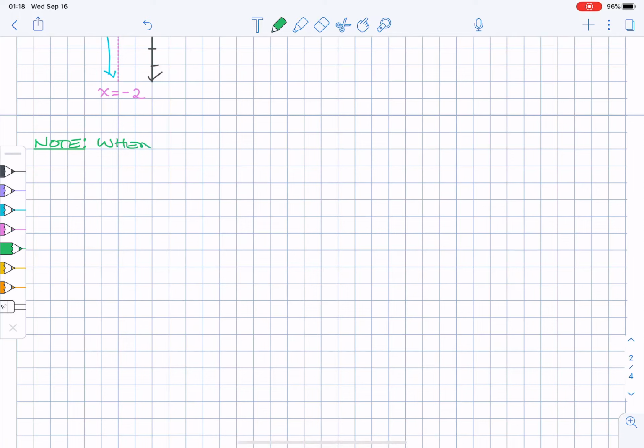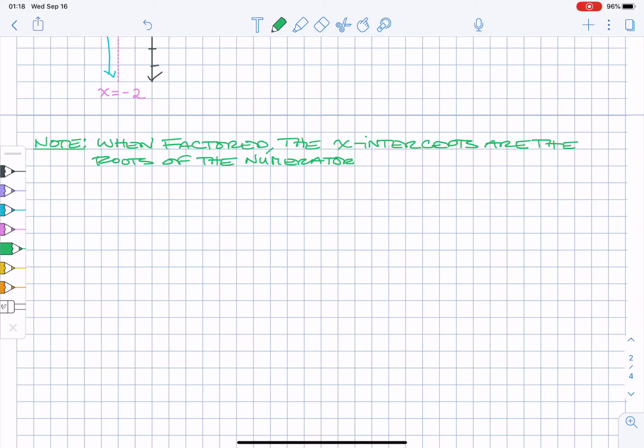And the vertical asymptotes are the roots of the denominator.